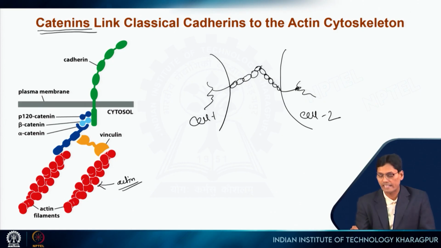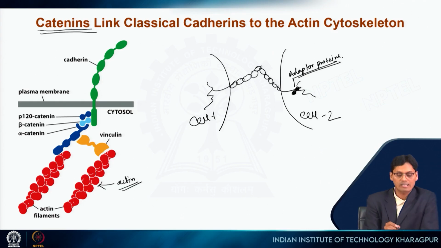They need some adapter proteins, and these are the adapter proteins. For example, different types of catenin like p120 catenin, beta catenin, alpha catenin. Nothing will happen if you forget those names.